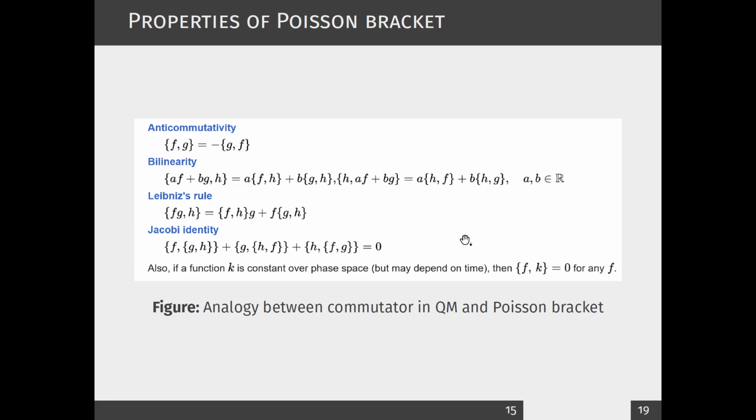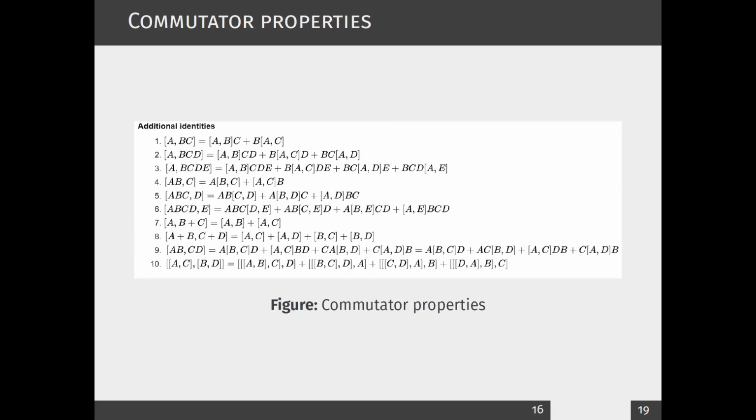The Jacobi identity is that you have f, a nested Poisson bracket g, h, and then there is f. So this is done like that. And if you look at the commutator properties, they have plenty of them as specified over here.